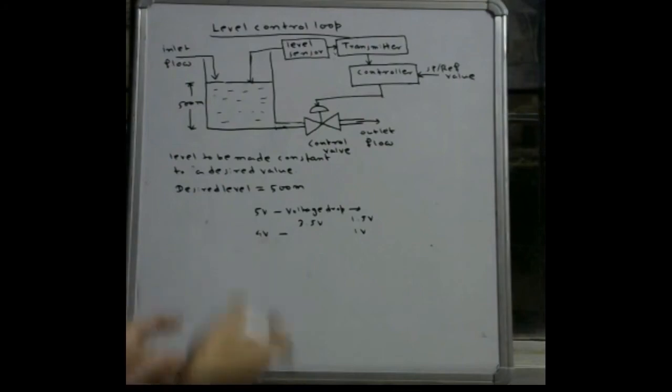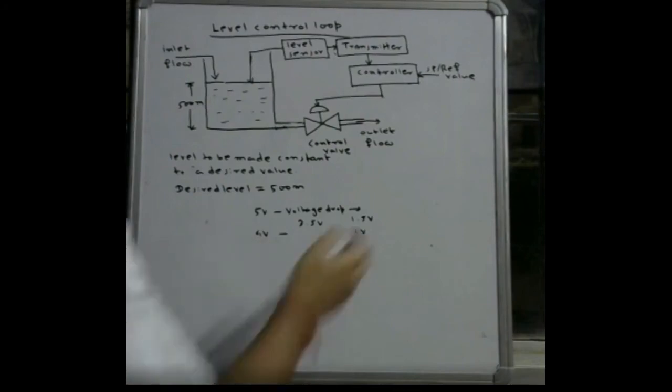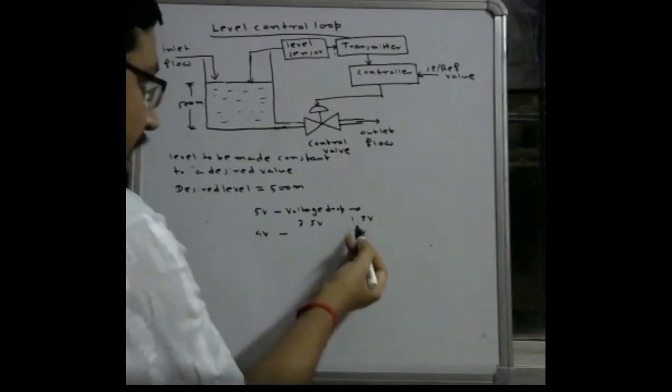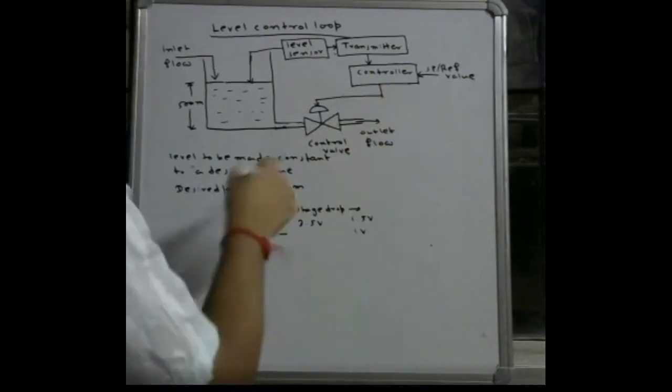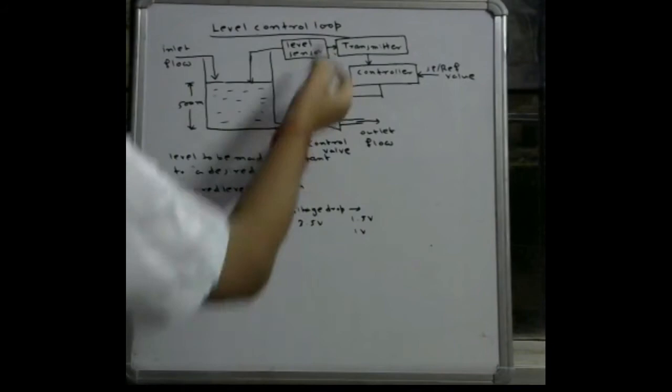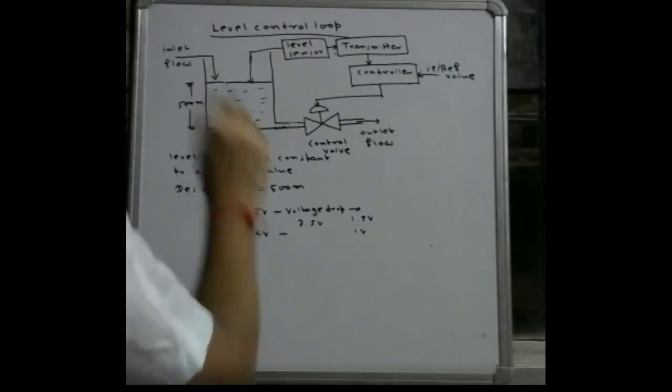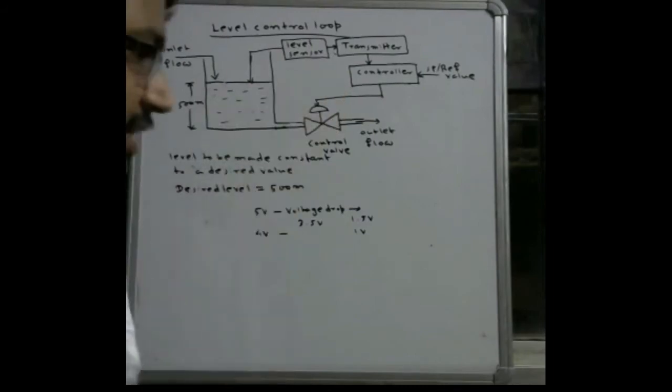So there will be constant fluctuations. If this fluctuation is happening, then the controller cannot understand what is the actual voltage at the side of the level sensor. It is not possible for the controller to predict the output voltage of the level sensor correctly.